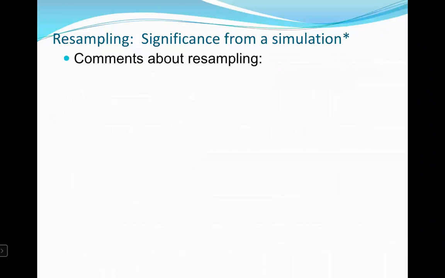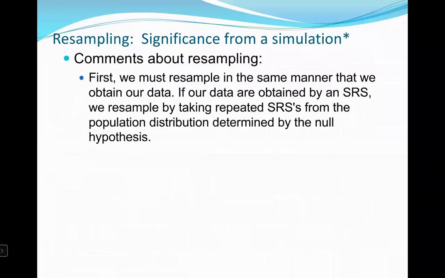Comments about resampling. First, we must resample in the same manner that we obtain our data. If data are obtained by an SRS, we resample by taking repeated SRSs from the population distribution determined by the null hypothesis.